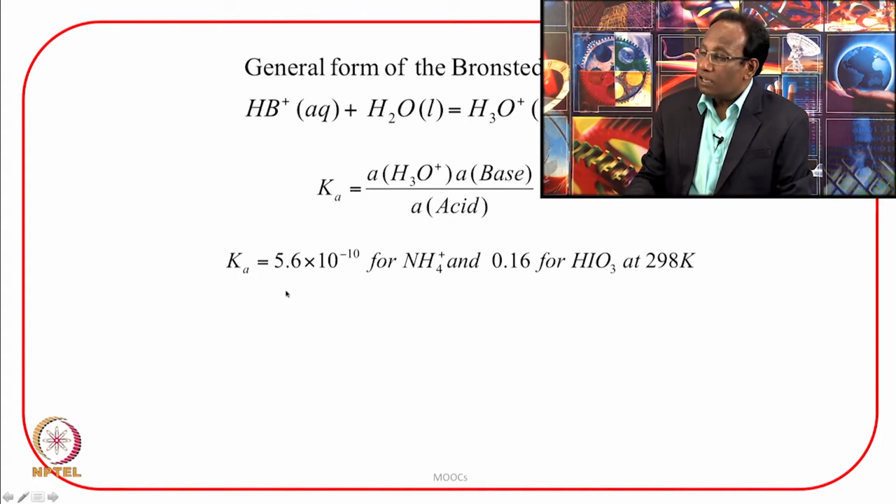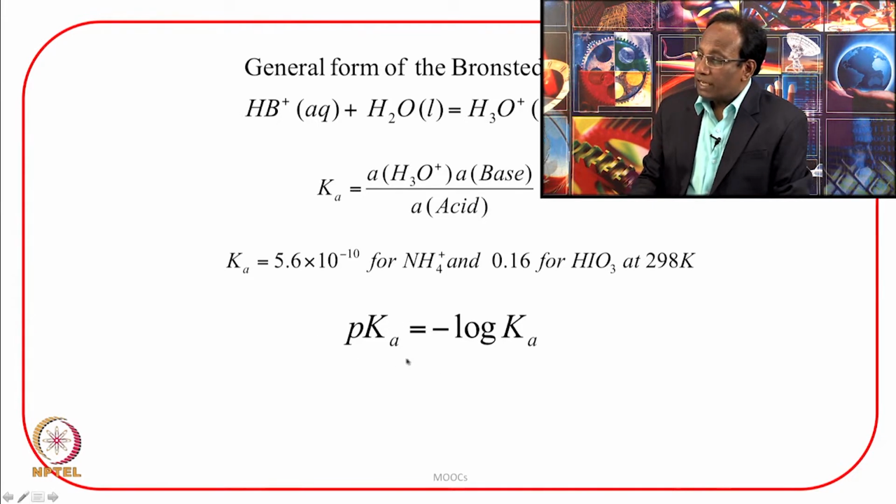And since Ka has been introduced, it makes sense to introduce another simpler quantity which is based upon Ka, and that is pKa. pKa is the negative logarithm of Ka, log base 10.